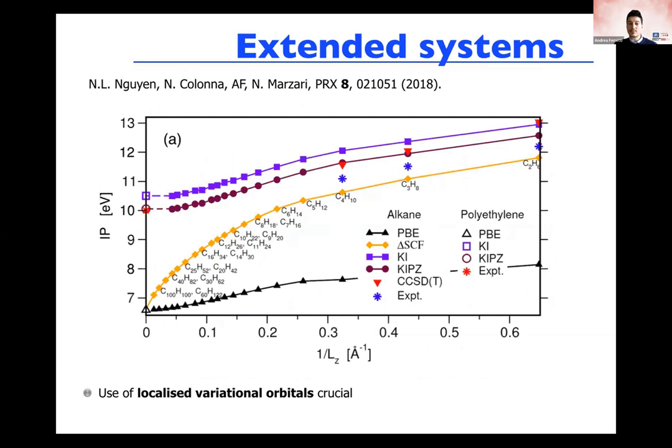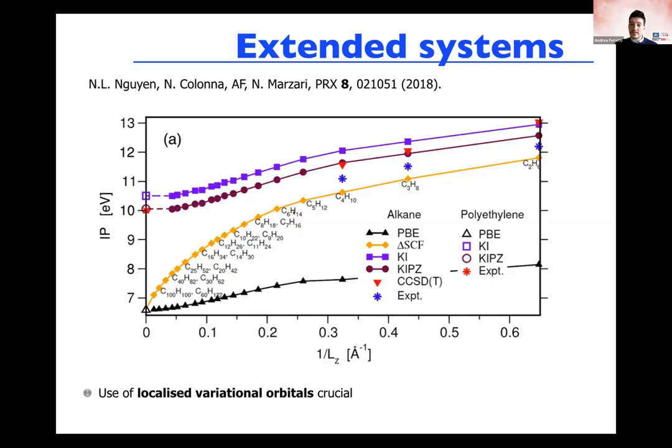Basically, in order to be able to study extended systems, it's really crucial that we build the Koopmans correction on top of orbitals that localize. This somehow comes from the fact that, bottom line, the accuracy of Koopmans is really related to that of delta SCF, and if you do delta SCF with extended orbitals, that doesn't work.